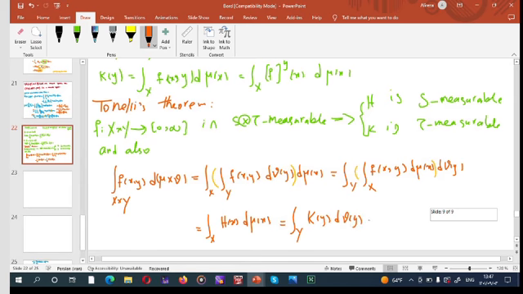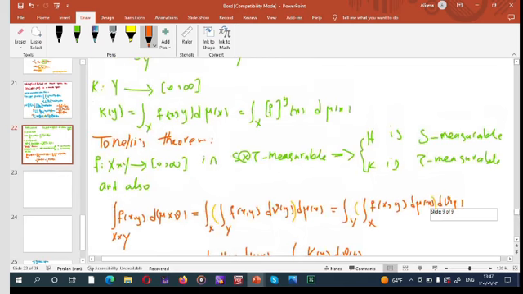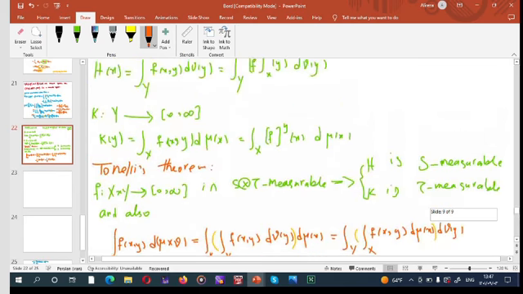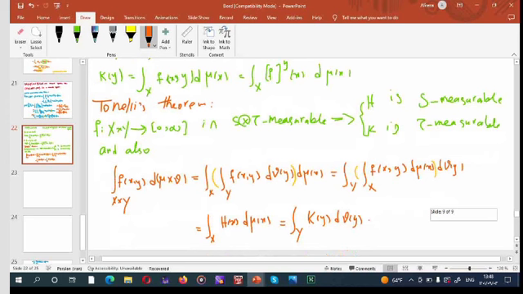Okay, this is exactly our function h, and this is exactly our function k. Okay, if we define these two functions h and k, Tonelli's theorem says that the integral of f with respect to this product measure equals the integral of h with respect to mu, and also equals the integral of k with respect to nu.